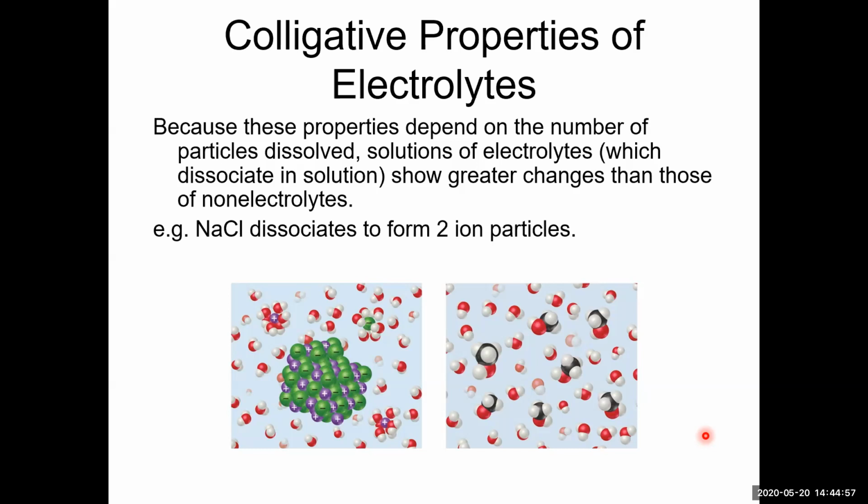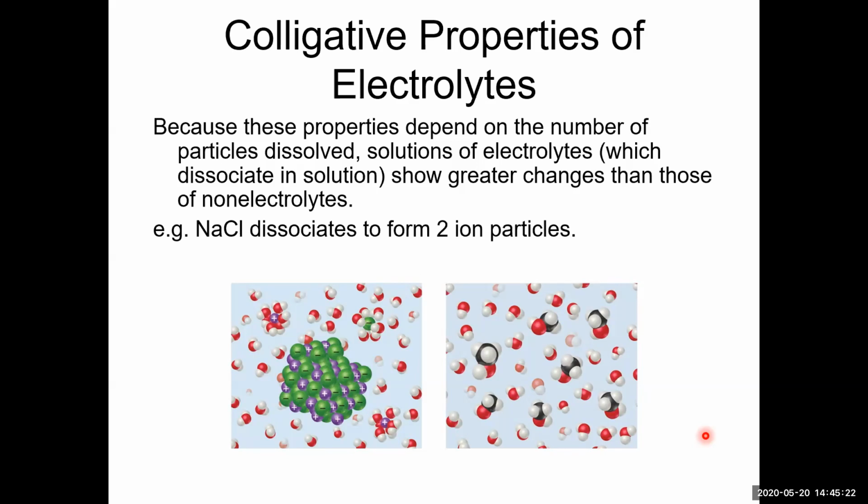Those are strong electrolytes. Strong bases are strong electrolytes. So what's interesting about this is that these colligative properties depend on the number of particles that are in solution and not what they are. So the electrolytes, which by definition are breaking into pieces when you put them in solution, are going to have a greater change than those of non-electrolytes.